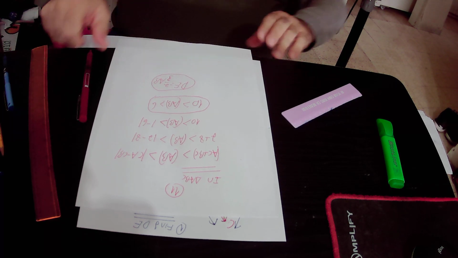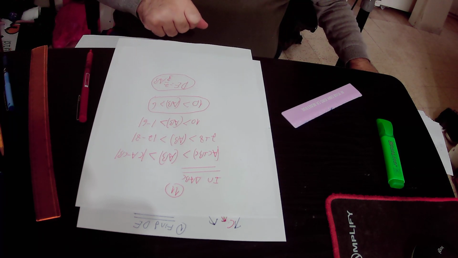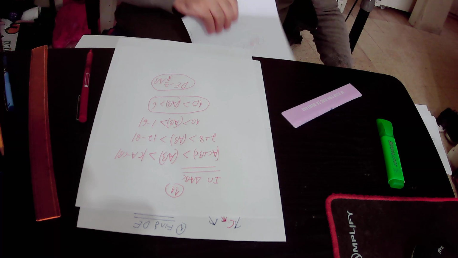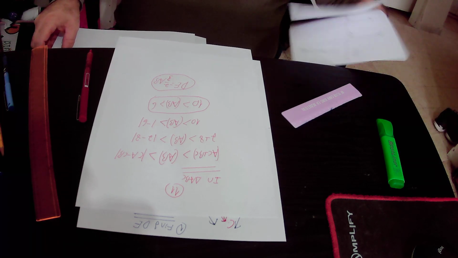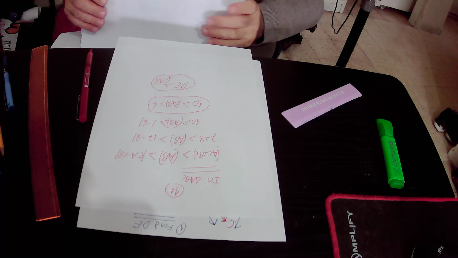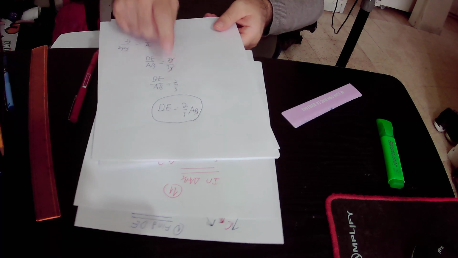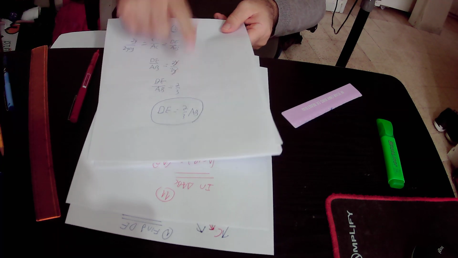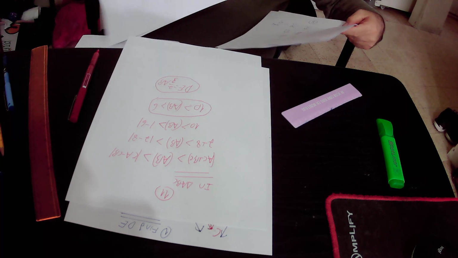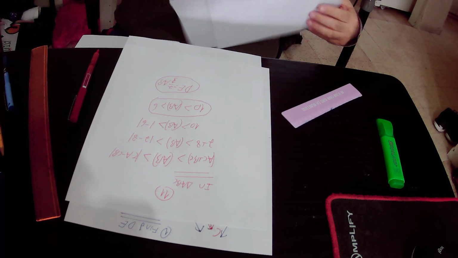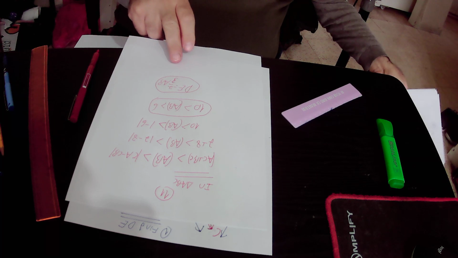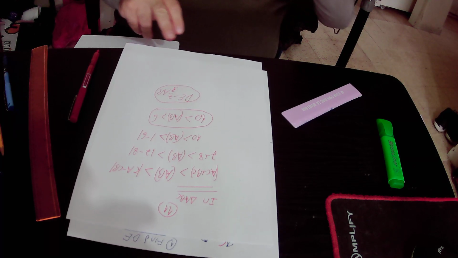You can see here that we have already found that DE equals 2/3 AB. So we can write here that DE equals 2/3 AB.